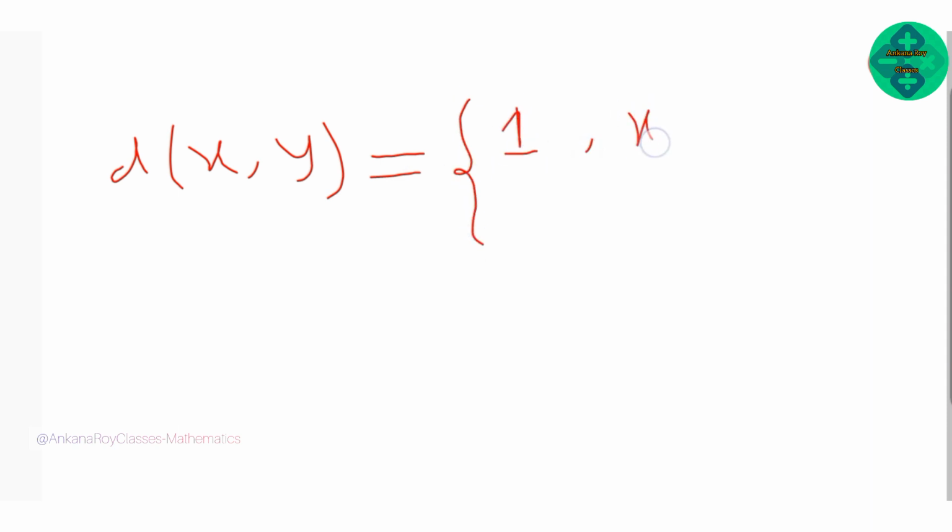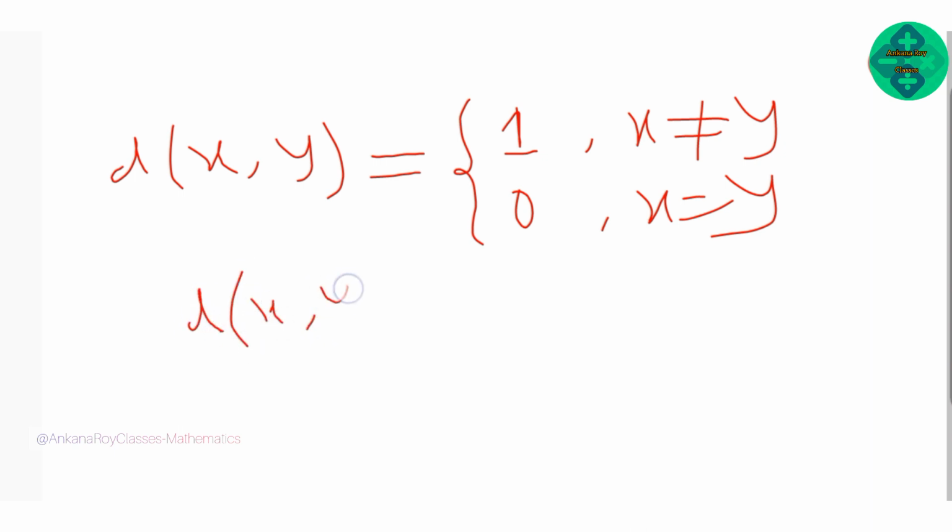Now we can consider a counterexample. We take a discrete metric d(x, y) is equal to 1 when x is not equal to y and 0 when x is equal to y, and we assume that this metric space forms a normed linear space.